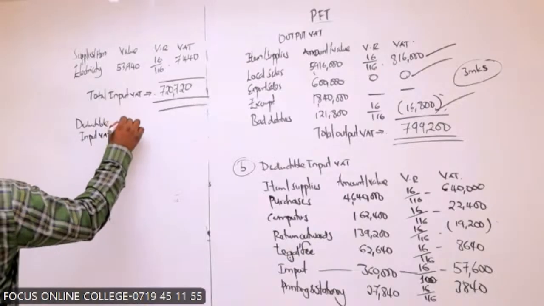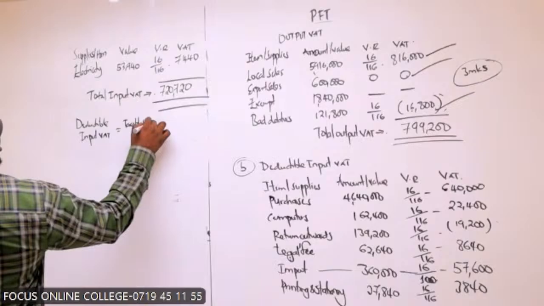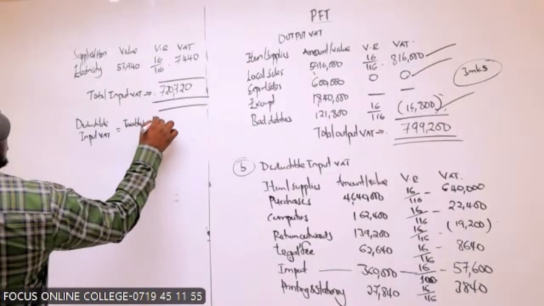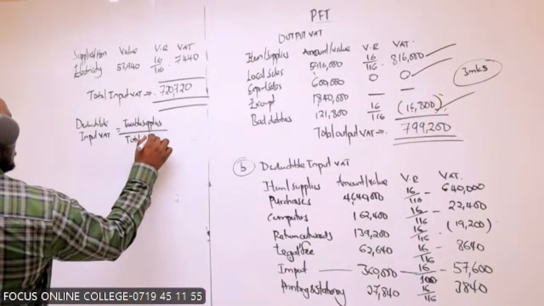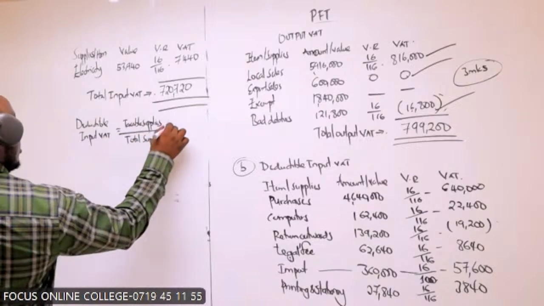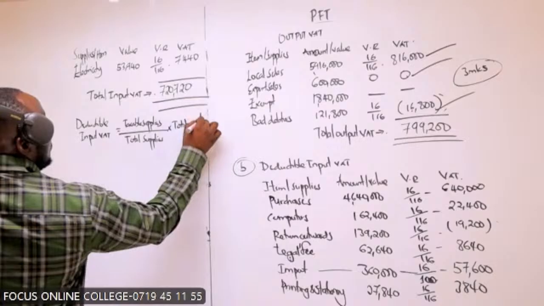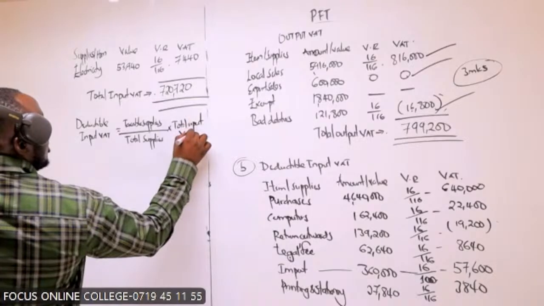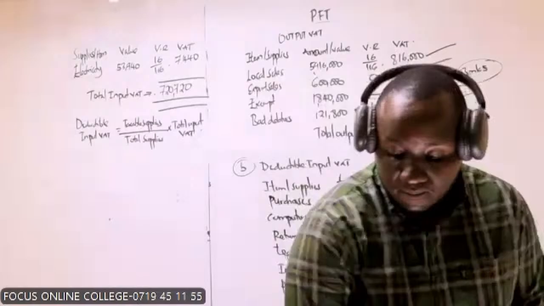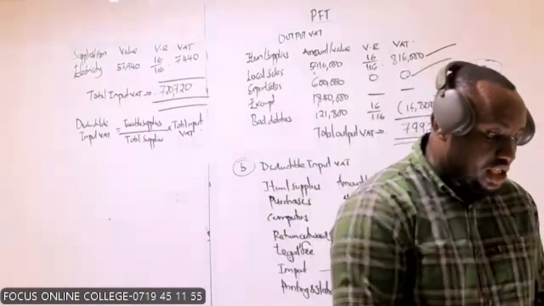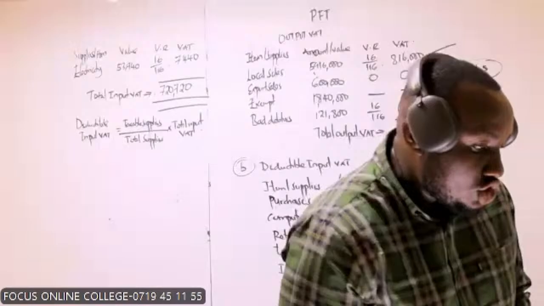So that should be what's called taxable supplies over what we call the total supplies times what we call the total input VAT.